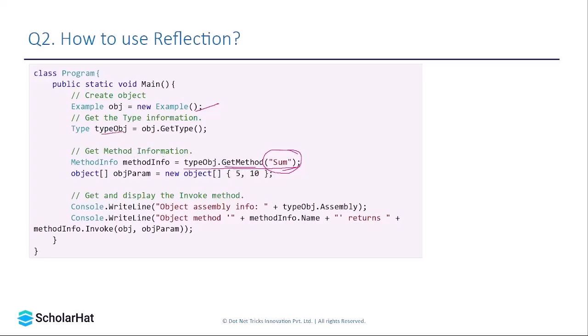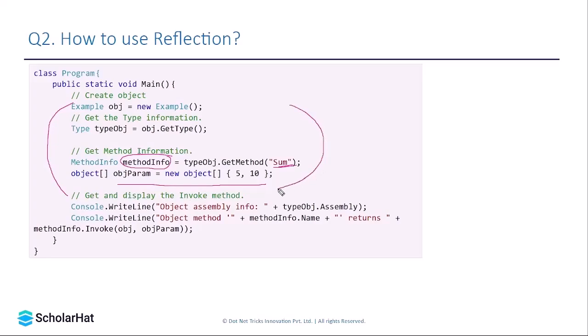As soon as we execute this statement, the MethodInfo class gets all the details of this particular Sum method. We can also pass the parameters that need to be passed to this Sum method.